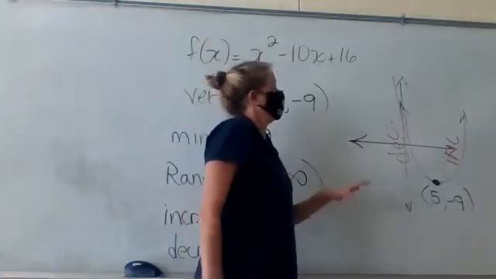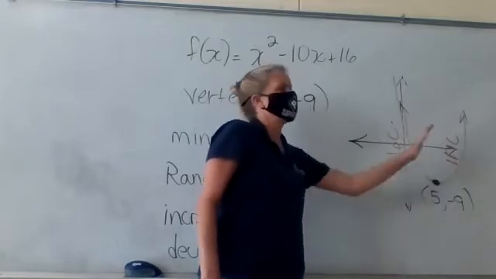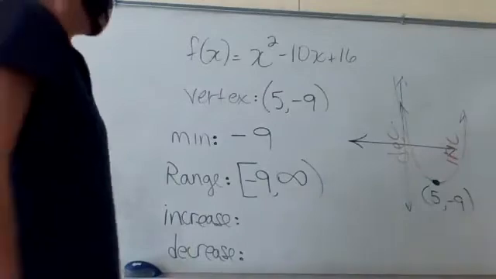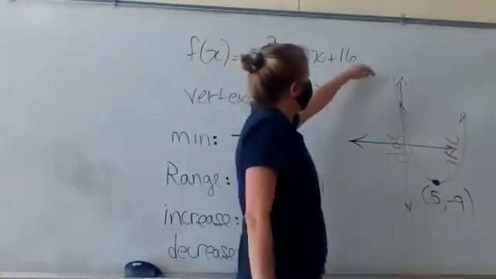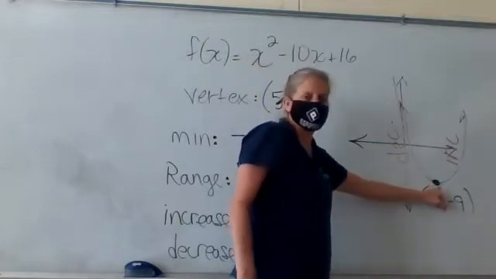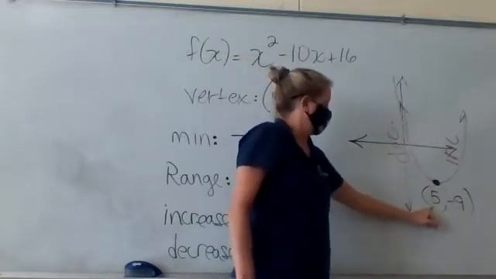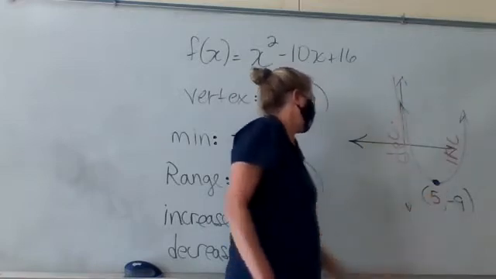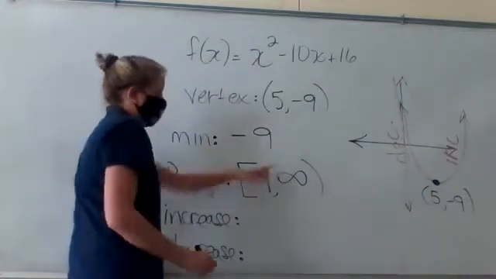Also, when you're talking about decrease and increase, you're using the x coordinate of that vertex. So let's see. If I'm coming in from the left, I'm coming in from negative infinity until I get to this point. And I use the x coordinate. So from negative infinity to 5 is where I am doing what?